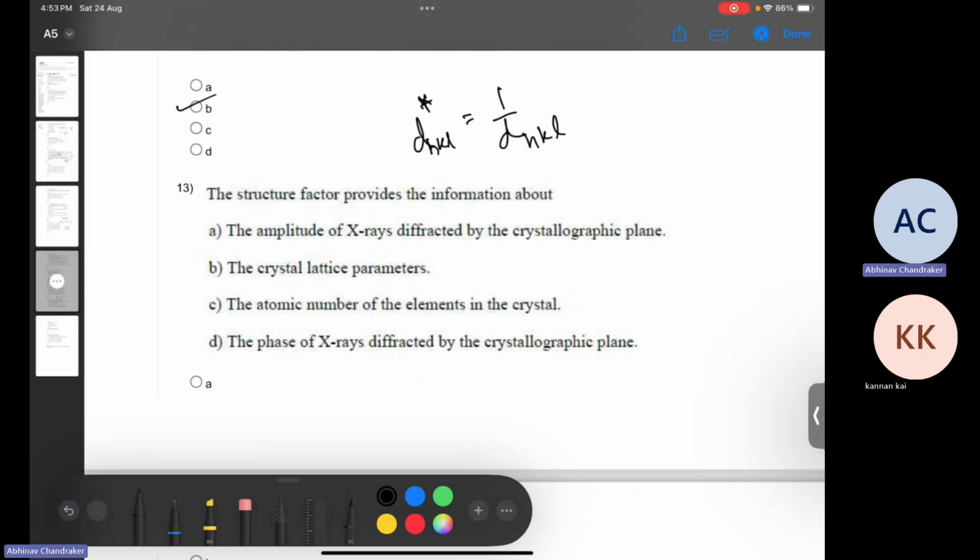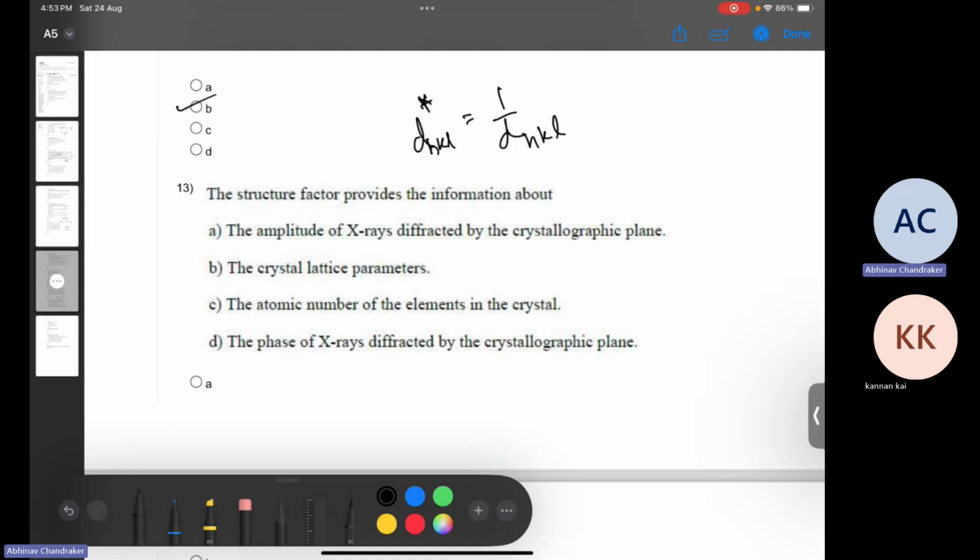Then a question related to structure factor, what it gives you information about. The structure factor tells you about the contribution to intensity due to the structure of the material for a particular HKL plane.